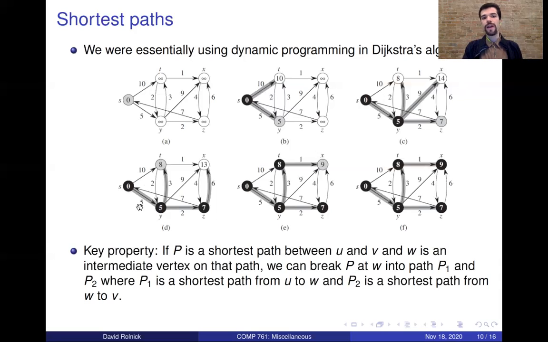For example, if I know that the shortest path from S to X is this thing, then I know that the first part of it is a shortest path from S to T. Because if there were a shorter way to get from S to T, then I could take that and shorten the overall path to get to X. So that means that if I pre-compute the shortest path from S to T, I can use that to get the shortest path from S to X. So that was the reasoning behind Dijkstra's algorithm, and it's basically just dynamic programming.